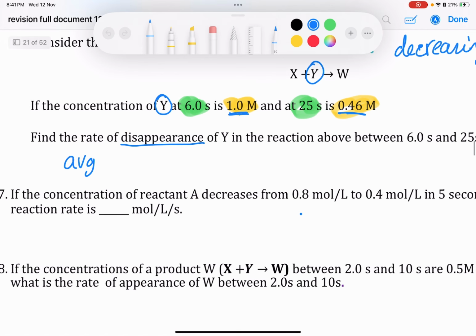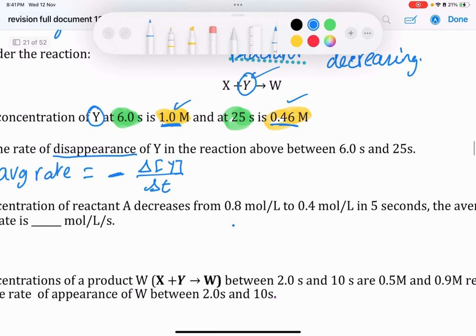So the average rate of Y is negative delta concentration of Y over delta T. I chose the minus because I see the values decreasing. Also, I can see that Y is a reactant. Also, they mentioned in the question disappearance.